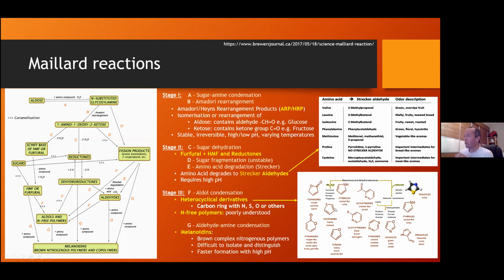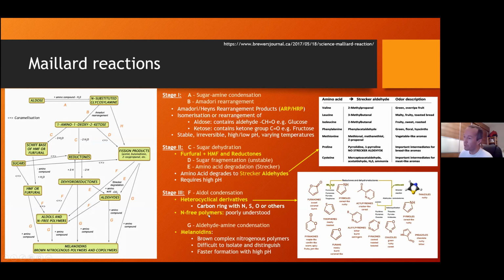So you can talk about beer flavor in terms of furanones, pyranones, thiophene, pyrols, pyrazines, furans, with flavors like cereal-like, cooked, roasted, toasted, meaty, maple, vanilla, sweet. All of those flavors are actually these things, the heterocyclical derivatives.